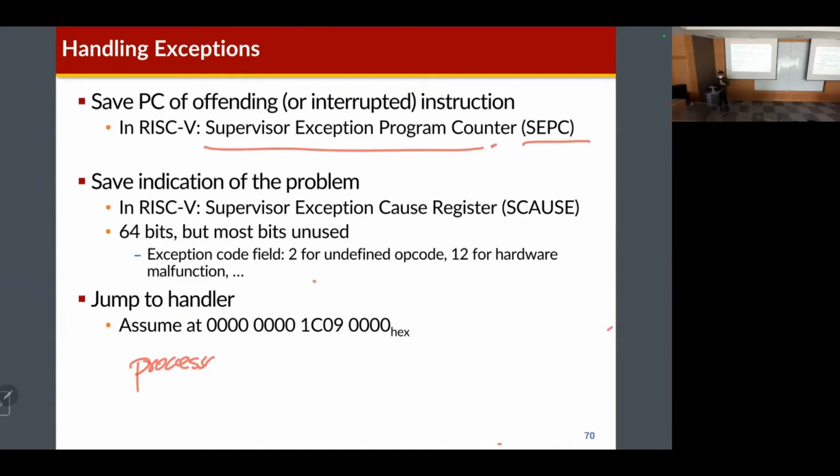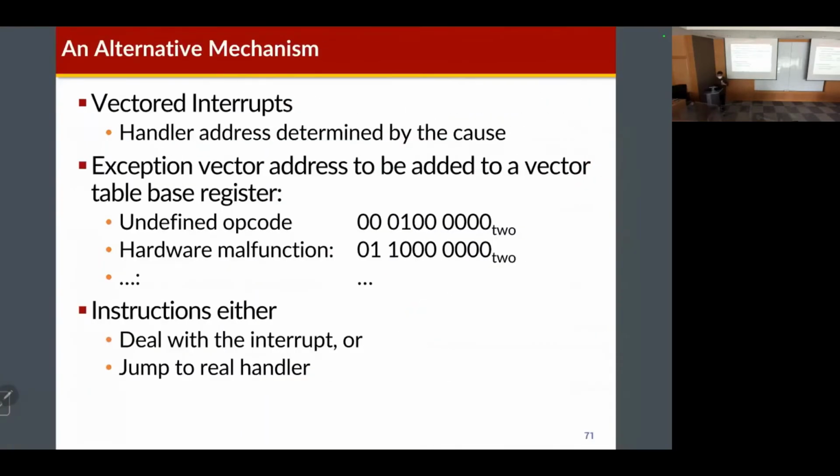Also, we need to return the causes of exceptions. These causes are also stored in the SCAUSE register, and are returned to the operating system. Okay. And then we need to jump to the exception handler, which has the address 1C0900. Okay.